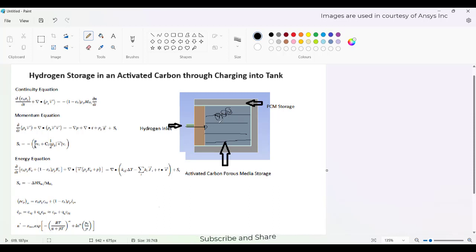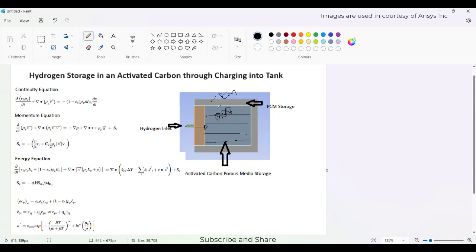Now we will try to replicate the process of hydrogen adsorption onto the activated carbon through ANSYS Fluent in this video. What you can see is the continuity equation, momentum equation, and energy equation when the hydrogen enters into the activated carbon, and this is the porous PCM, phase change material.